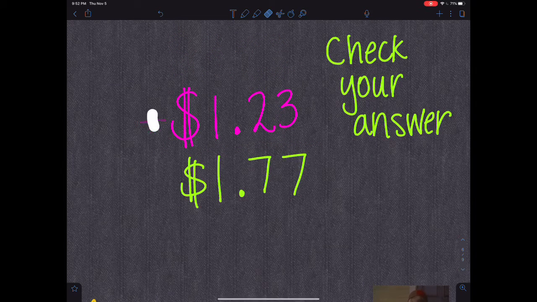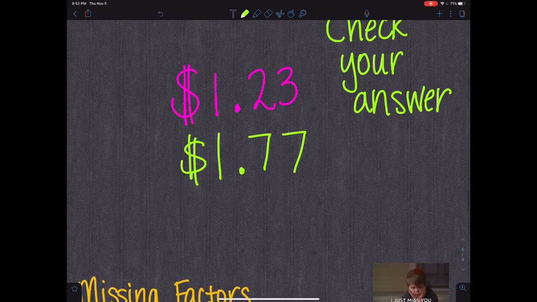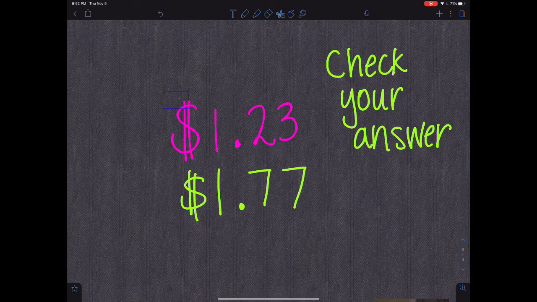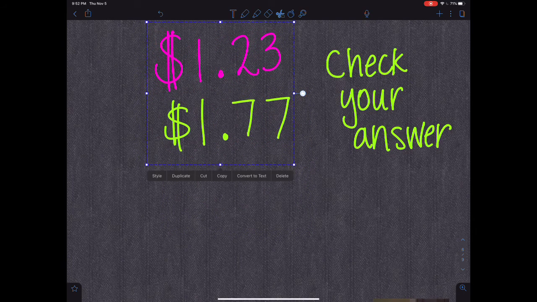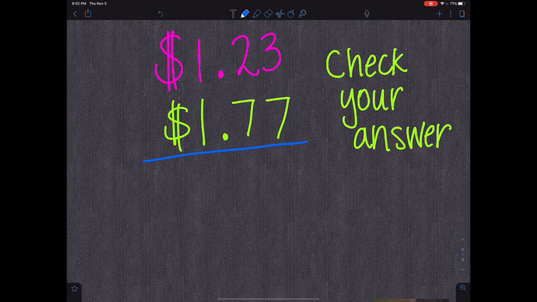So we're going to add $1.23, and I'm going to move this up so I don't see all that stuff on the bottom yet. We're going to add $1.23 plus $1.77. And if I did the problem right, we should get the amount of money that Tom had originally, which is $3. So let's see if we get it.